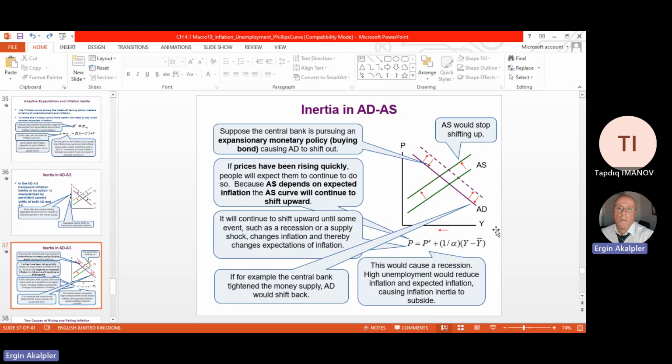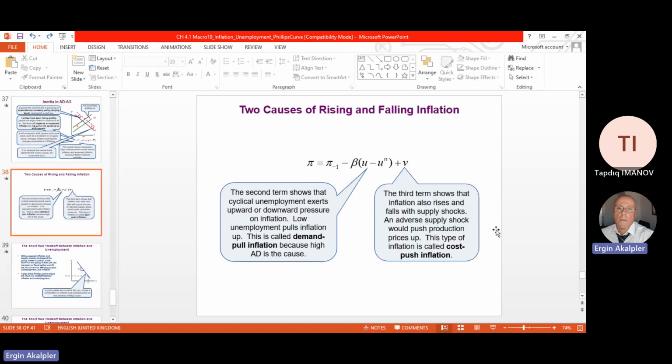As it is represented here, the aggregate supply shifted back and aggregate demand shifted either back or upward can be realized according to these expansionary or contractionary money policy decisions. Two causes of rising and falling inflation are represented here.